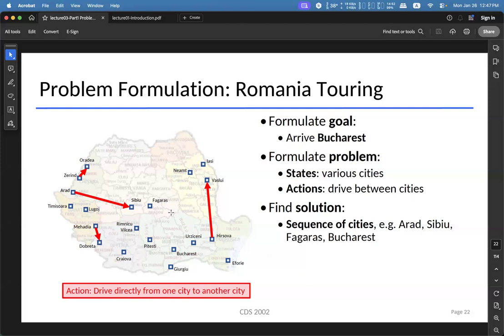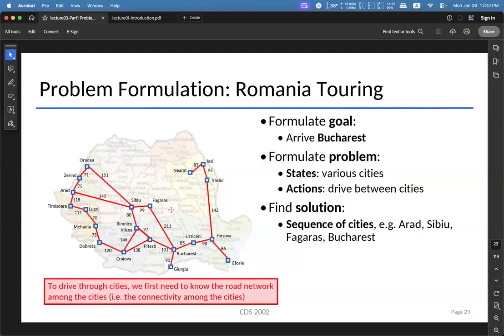As a result, we can draw a graph like this. In this graph, what we have is the road network that connects the cities together.